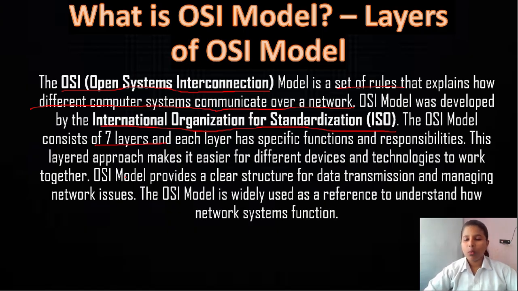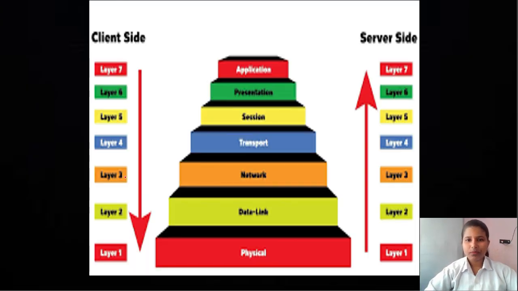Now let's look at each of the layers. This is a picture representation of the OSI model: application, presentation, session layer, transport layer, network, data link, and physical.